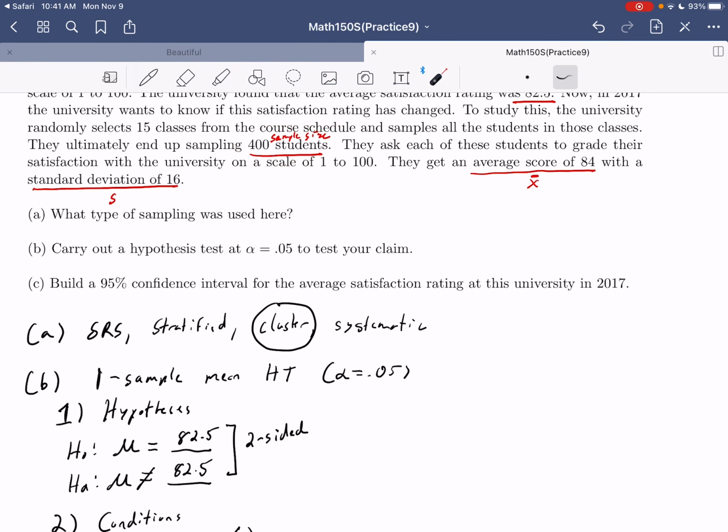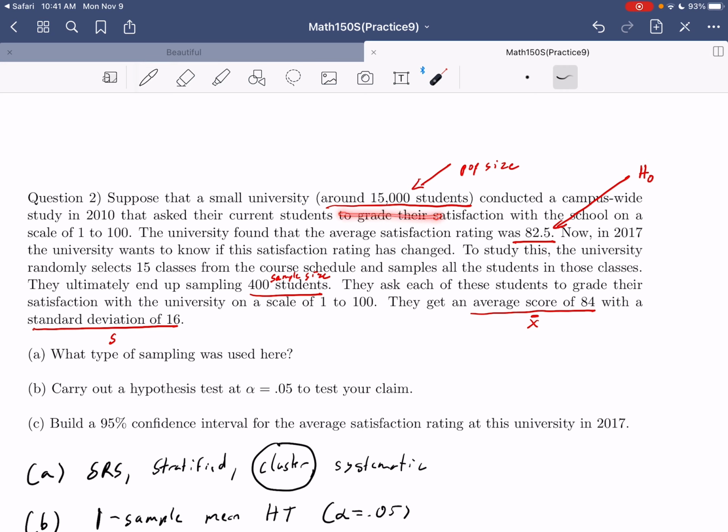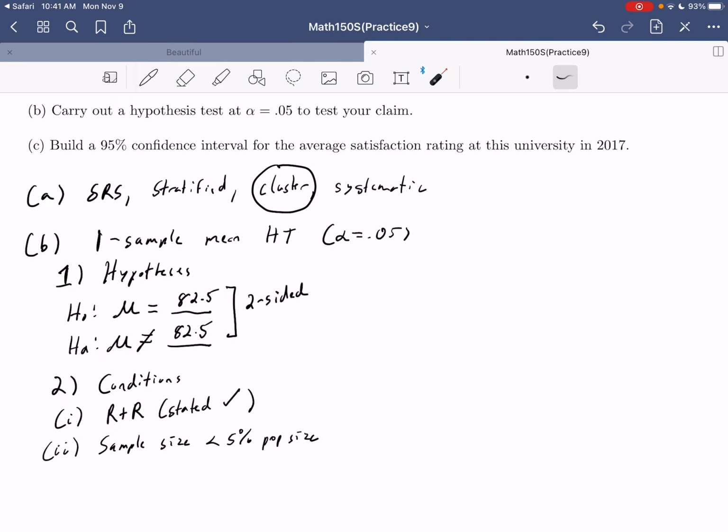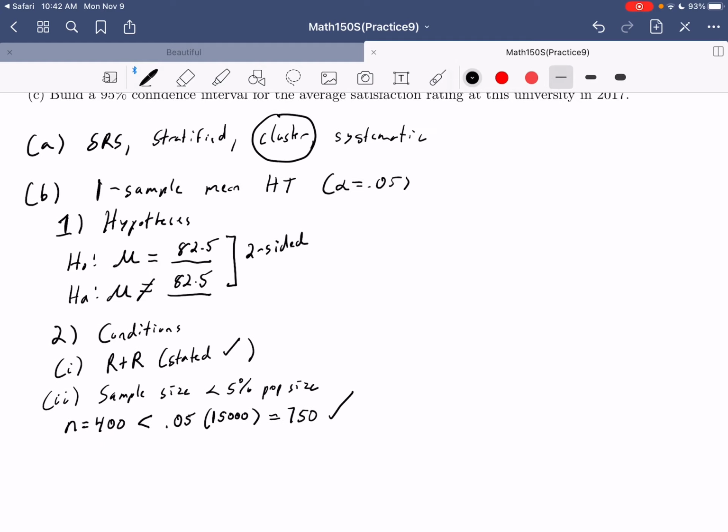In this case, it's 400. And we made mention that we do know the population size, 15,000. So we can directly check. We need to see, is n equals 400 really less than 0.05 times 15,000? Well, we can just check on our calculator. 0.05, remember 0.05 for 5% there, times the 15,000 equals 750. Is that a true statement? 400 less than 750? Yep, we're all good there.